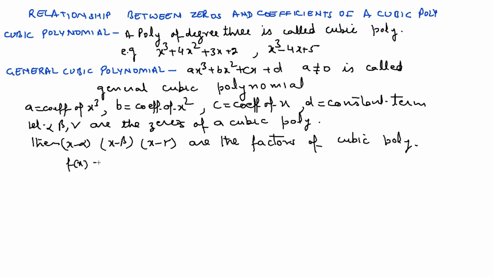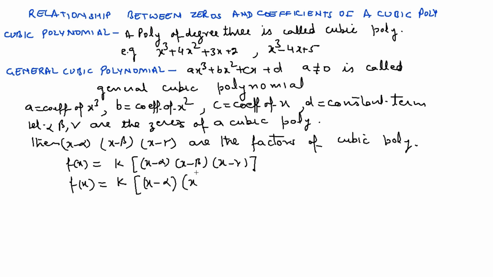So the polynomial f(x) will be written as k times (x minus alpha)(x minus beta)(x minus gamma). So f(x) is equal to k times (x minus alpha) times (x square minus (beta plus gamma)x plus beta gamma). Now multiply these two brackets.